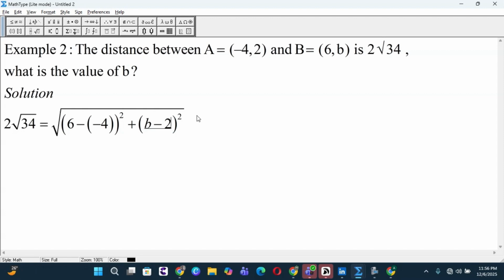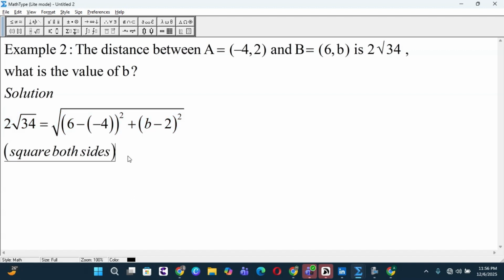The first thing we can do is remove this square root, and to do that, what we need to do is square both sides. So we square both sides of the expression.